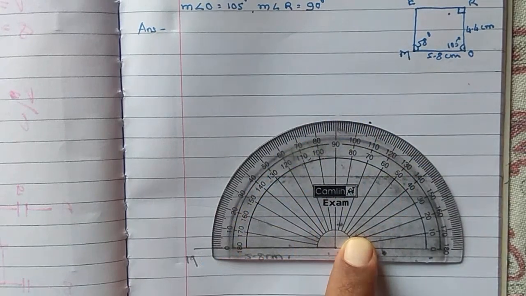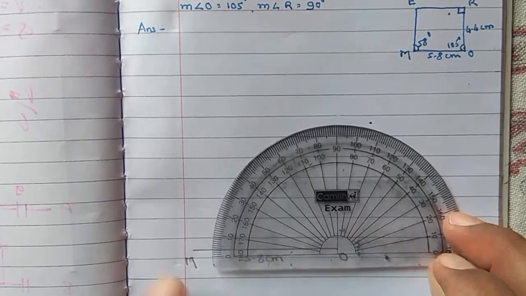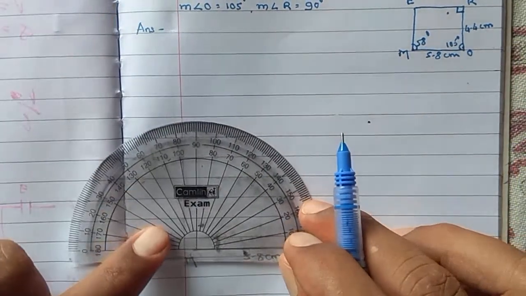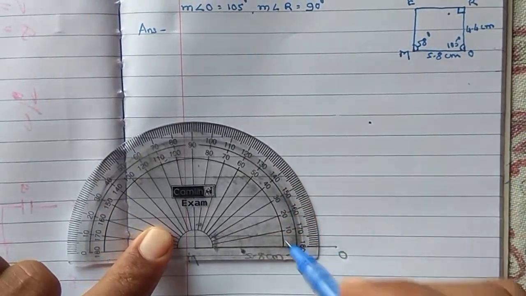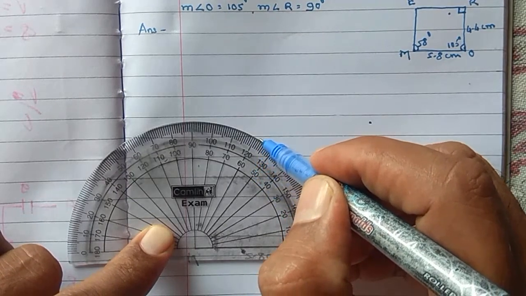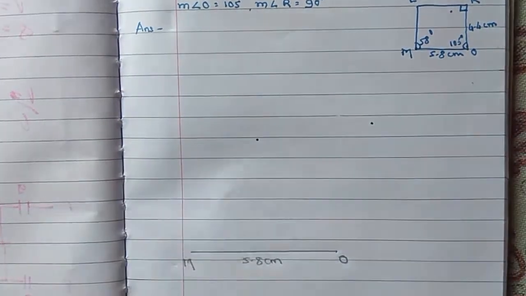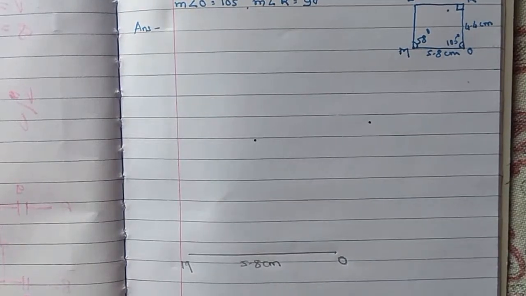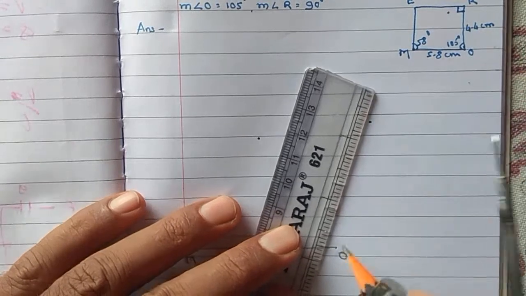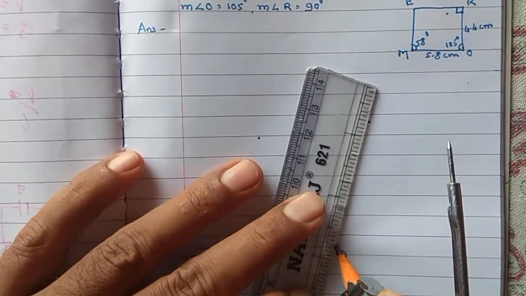105 degree. Even from the point M, we have to take measure of angle 58 degree. And from here also you take 58 degree, as the protractor is there in your hand. This point also let us fix it. Now let us join this side. Draw the segment.